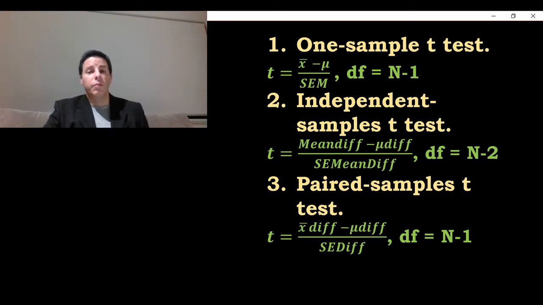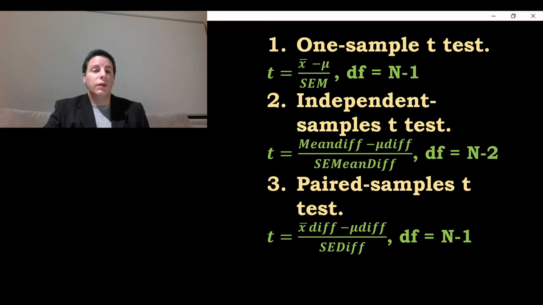So there's the one sample t-test. The score has in the numerator the mean of a sample, so x bar means the mean of a sample, minus mu, which is the Greek letter that we use for the mean of a population.